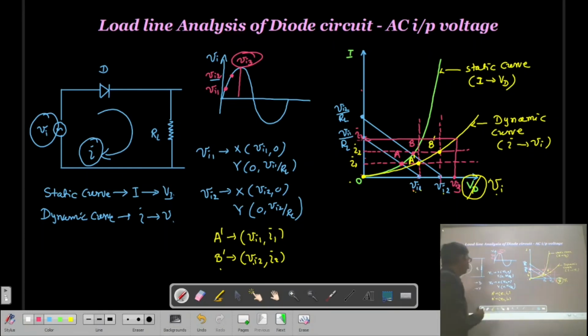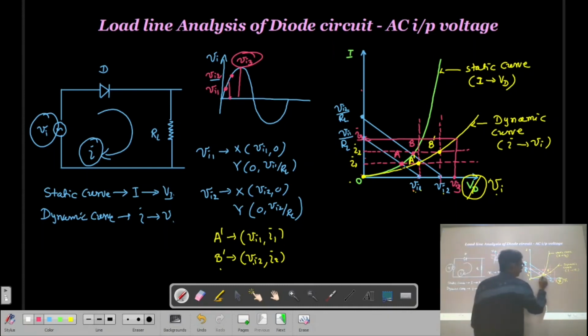Now let us say the input voltage is this much. For that you can draw a line from this point here, and correspondingly you can find out the value of current. This is the VI3.